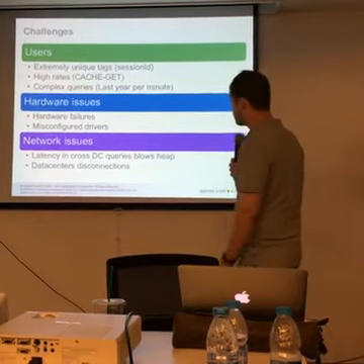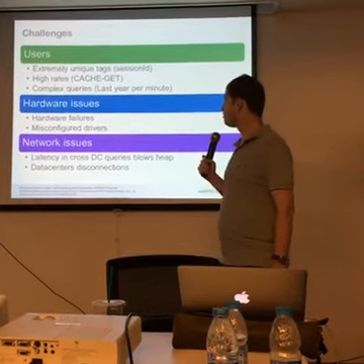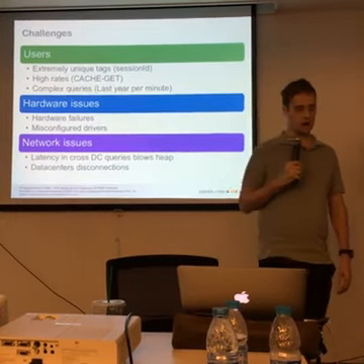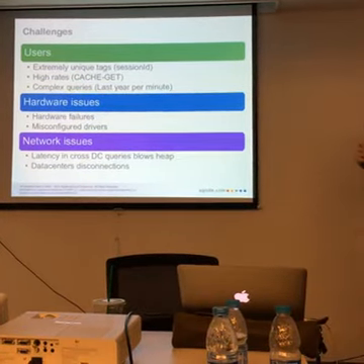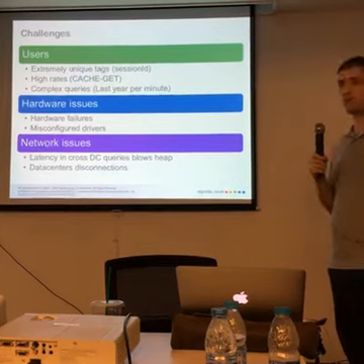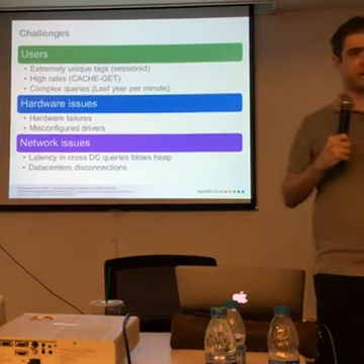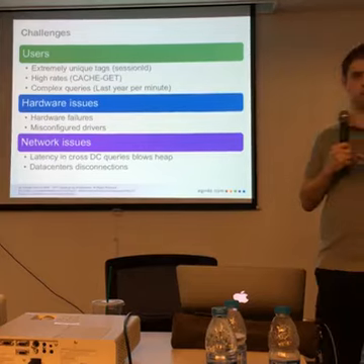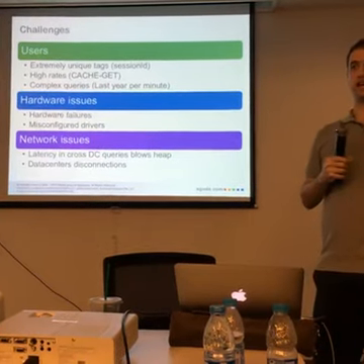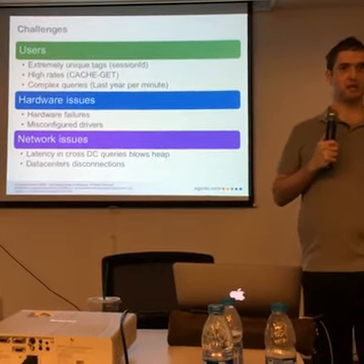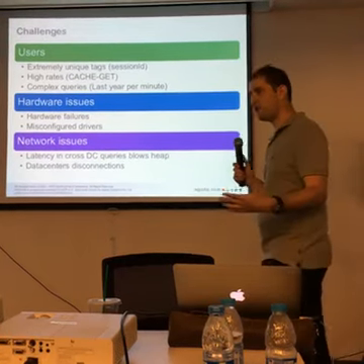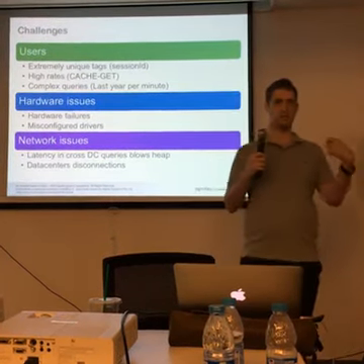So what were the challenges of building these things? First of all, the problem that I mentioned, extremely unique tags. If people by mistake, or just because they don't understand how they should use this kind of store, send a very unique tag ID, as I'm keeping things at the raw level, I'm keeping them as they send them.